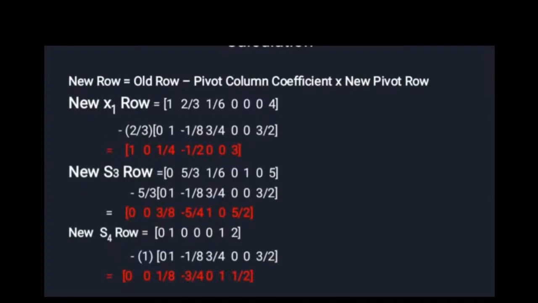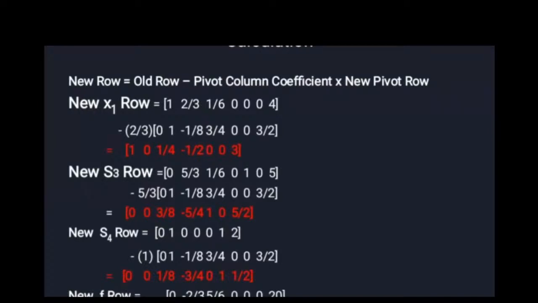After calculating, we get the new S4 row, which is 0, 0, 1 by 8, minus 3 by 4, 0, 1, 1 by 2. New F row: old row minus the coefficient of the pivot column multiplied by the new pivot row. After calculating, we get the new F row, which is 0, 0, 3 by 4, 1 by 2, 0, 0, 21.